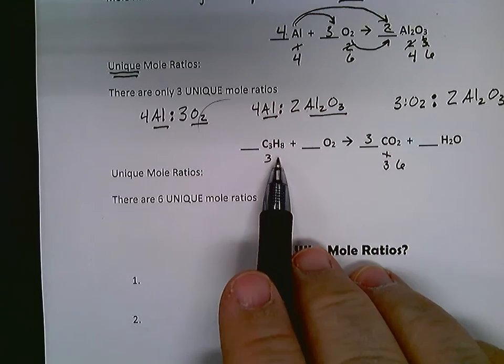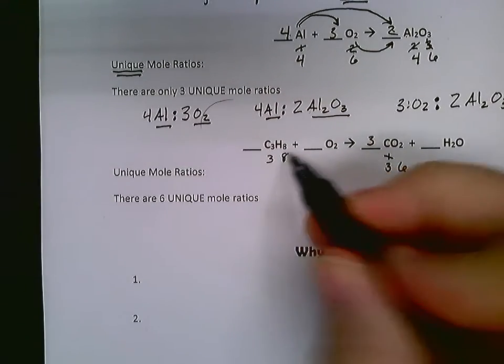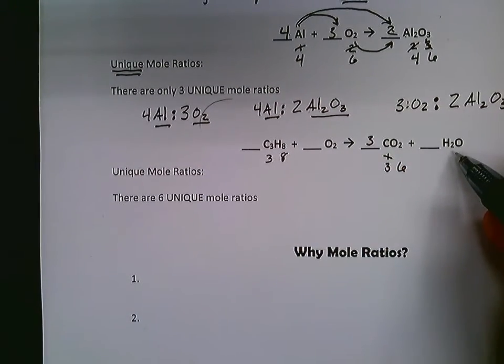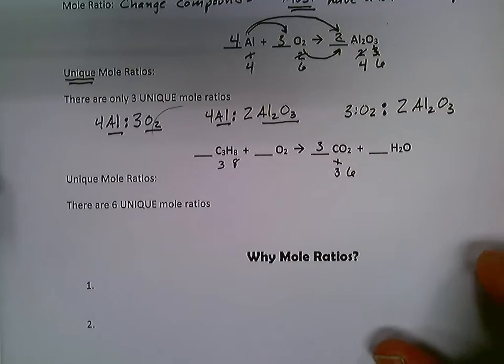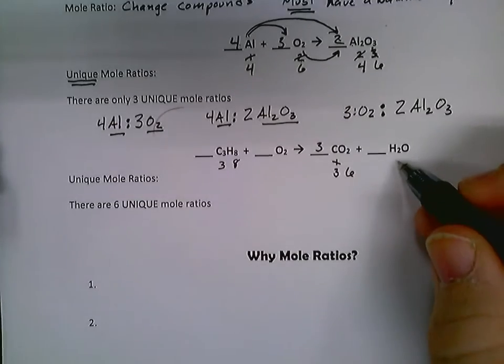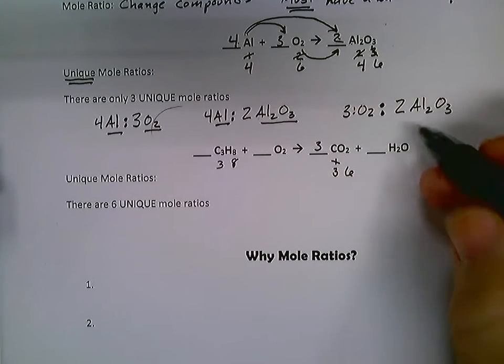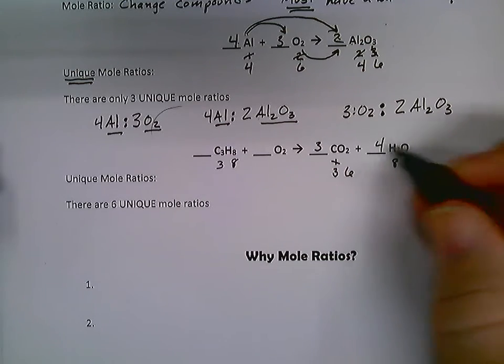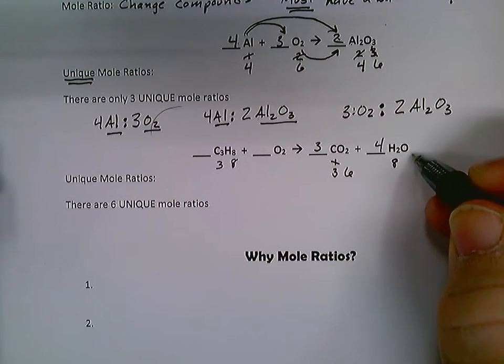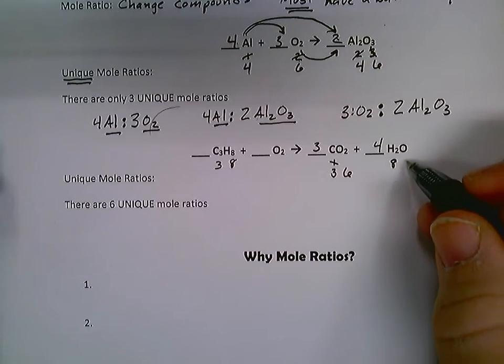Now let's back up here and go to the hydrogens. I've got 8. I've only got 2 over here. So 2 goes into 8 4 times. So now I've got 8 hydrogen. But 4 times 1, because remember, no subscript is a 1, 4 times 1 is 4.